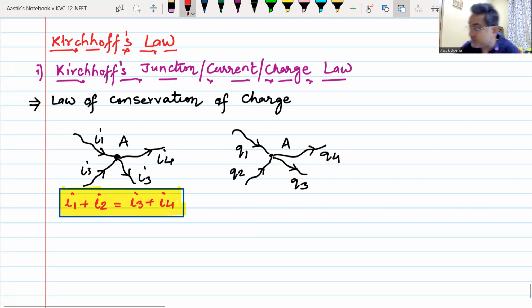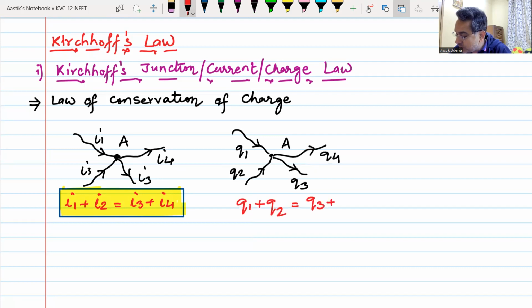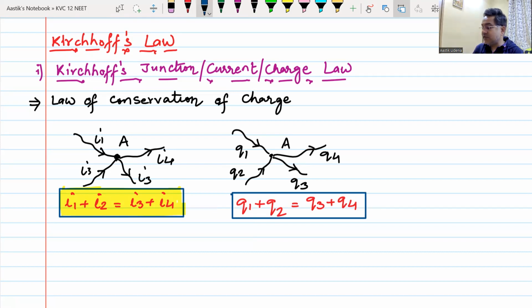Whatever charge is coming in, Q1 plus Q2, cannot be eaten up at the junction. Q1 plus Q2 has to be equal to Q3 plus Q4. You can also call this statement Kirchhoff's current law or Kirchhoff's junction law.